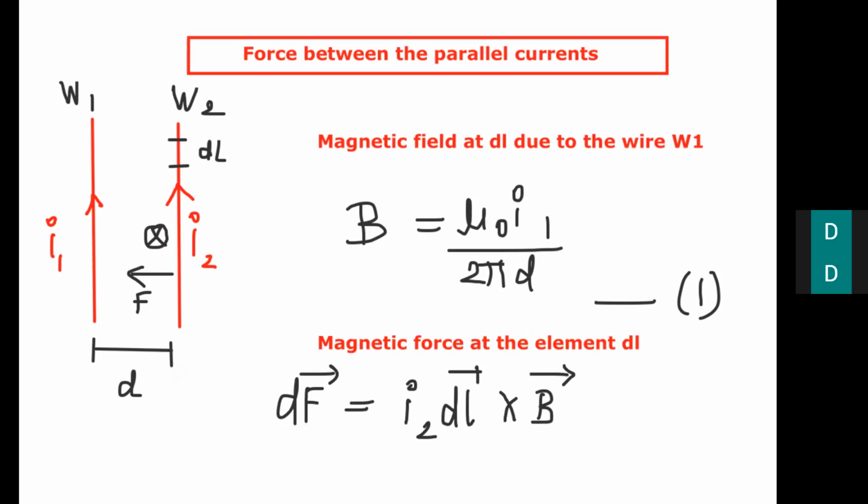This is the element dl, and there is I2 current flowing in it. That is why it will be I2 dl cross B, where B is the magnetic field it experiences due to the wire W1. Let us call this equation number 2.